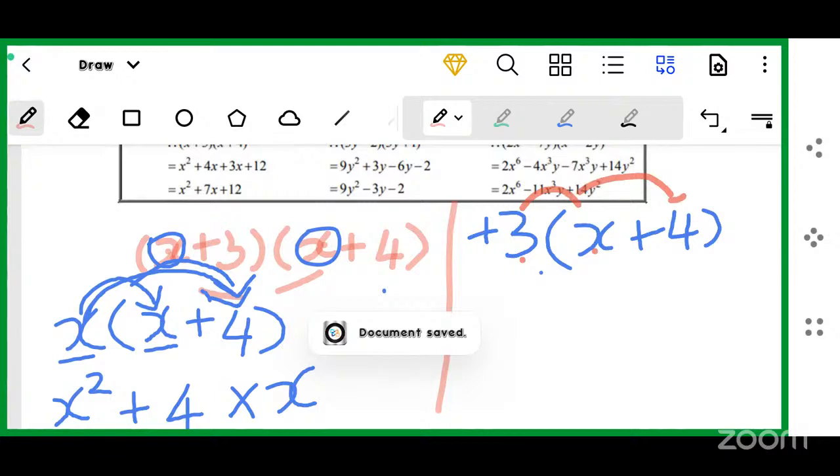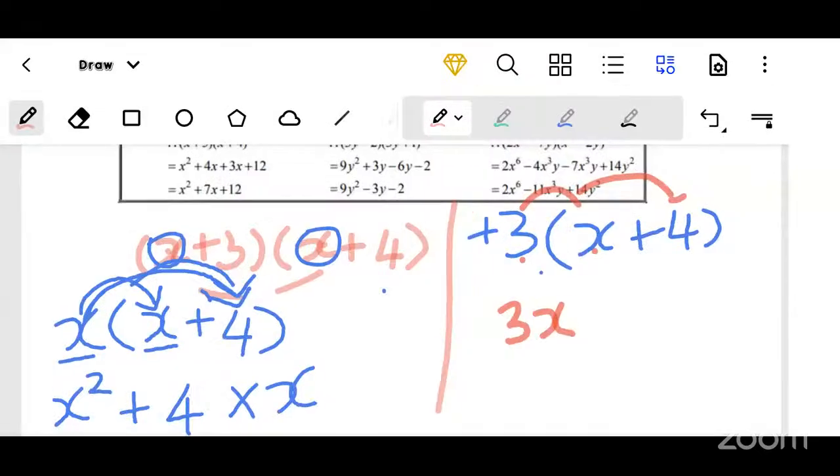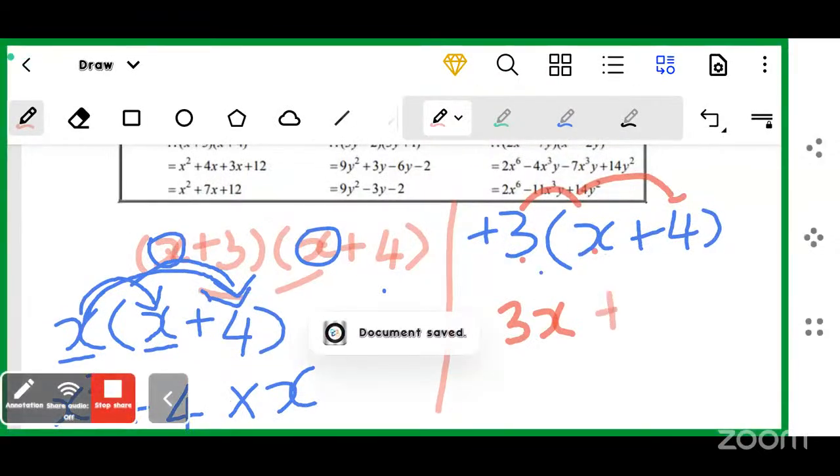So what's 3 multiplied by x? 3x. Okay, 3x. And Langelisha, what is 3 multiplied by 4? Ma'am, isn't it 12? Plus 12.